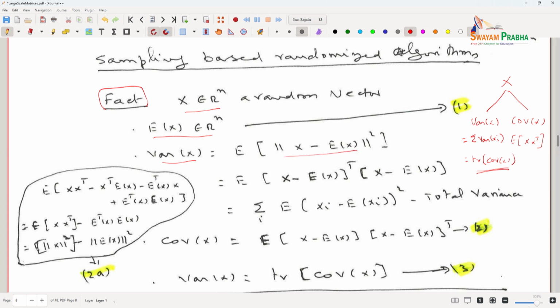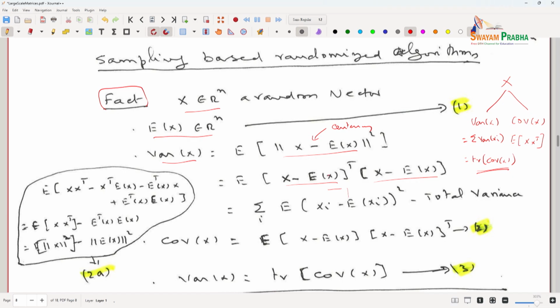So the variance of X is equal to the expected value of the square of the norm of the difference between X and E of X. This can be rewritten as an inner product of the vector X minus E[X]. Please understand, subtracting the mean is called centering. So this is called a centered vector. The transpose is the row vector, this is the column vector, so this is a scalar.